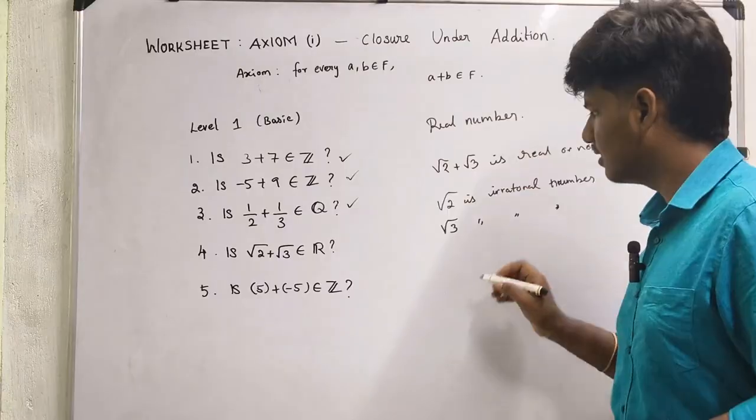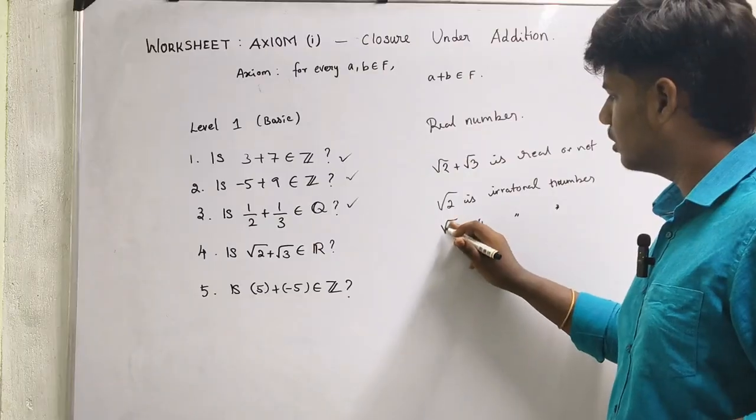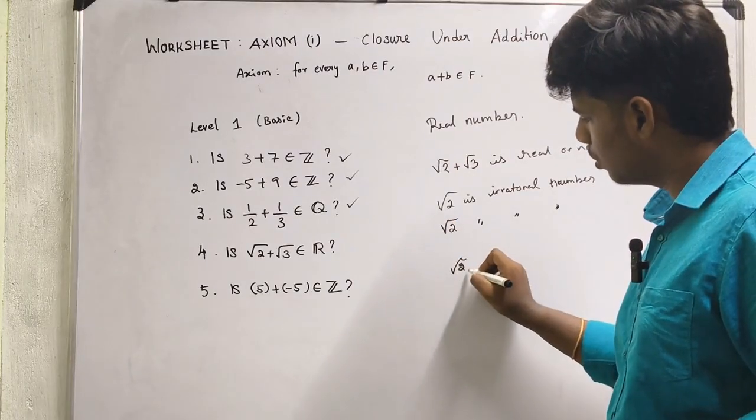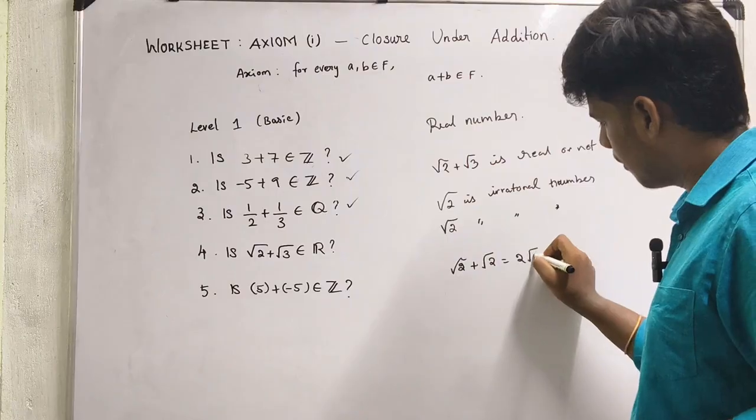But adding these, how can we add? If, suppose, in place of root 3 I had root 2, I could add root 2 plus root 2 equals 2 root 2.